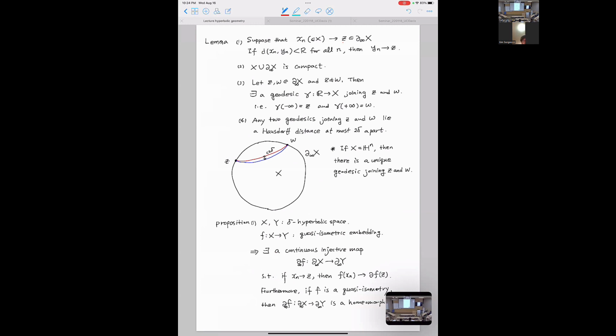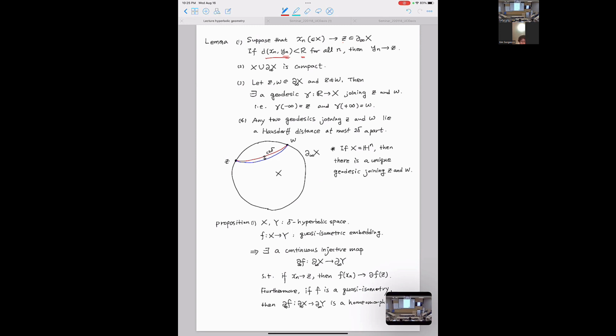Then if another sequence y_n has the distance between x_n and y_n bounded by a constant r, then y_n also converges to g. And second, the group boundary compactifies the space X. That means that X union the group boundary of X is compact.